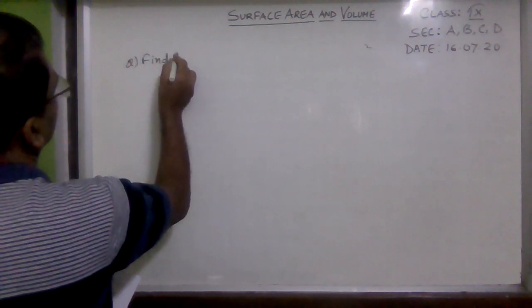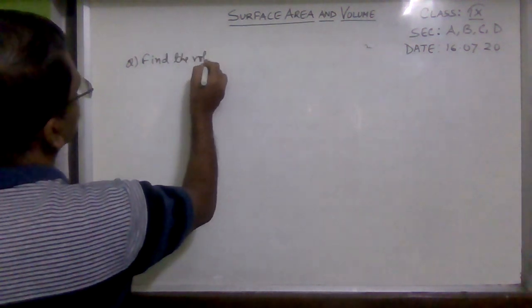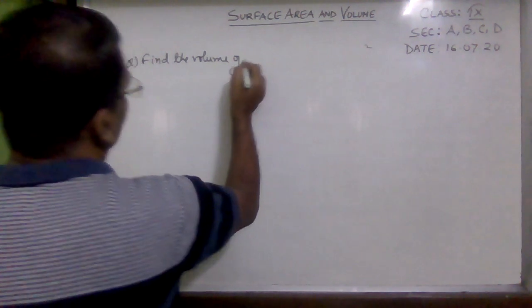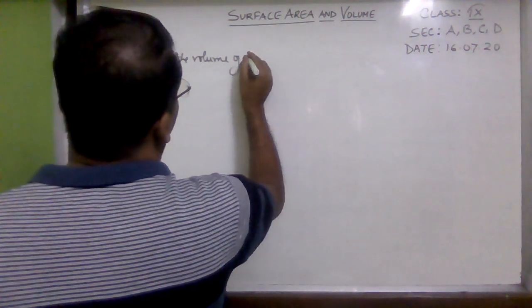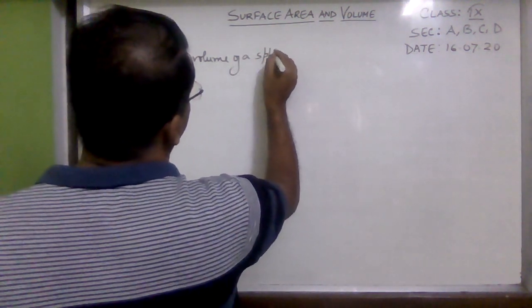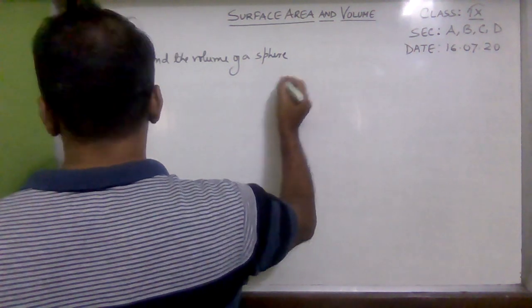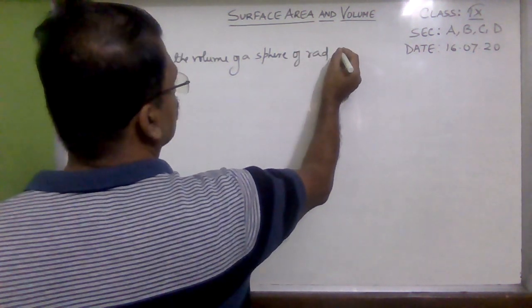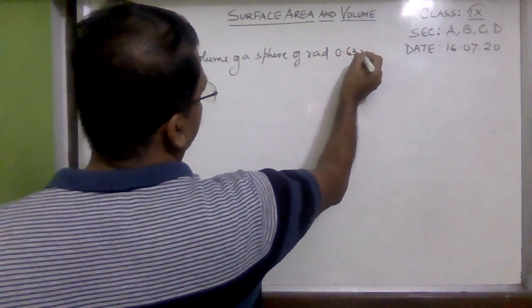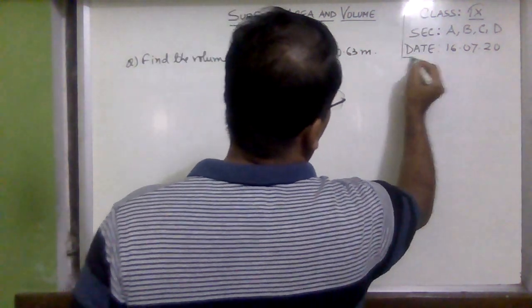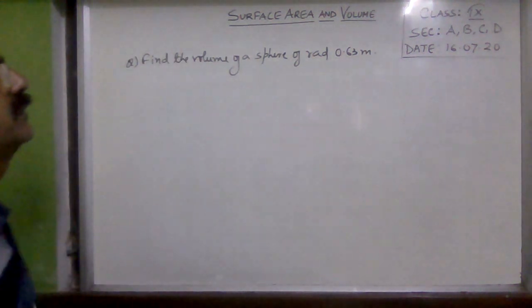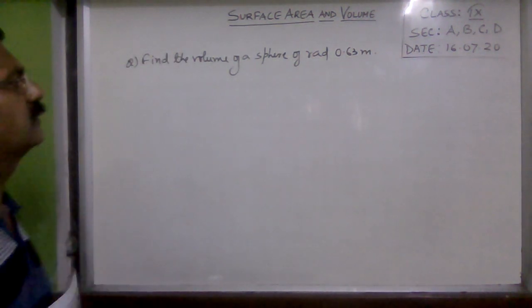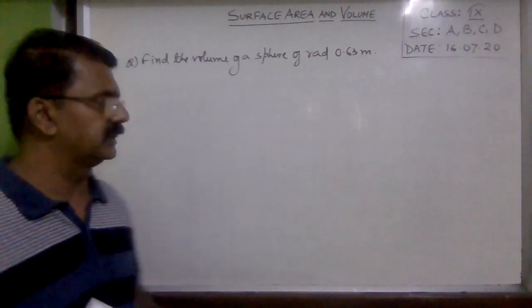Find the volume of a sphere of radius 0.63 meter.